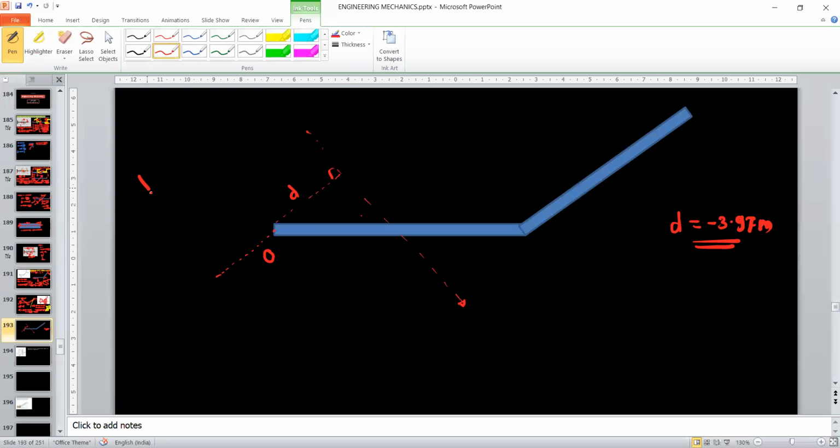So we will show the resultant like this. Okay, and this distance is the perpendicular distance. And then you can write here d is equal to 3.97.